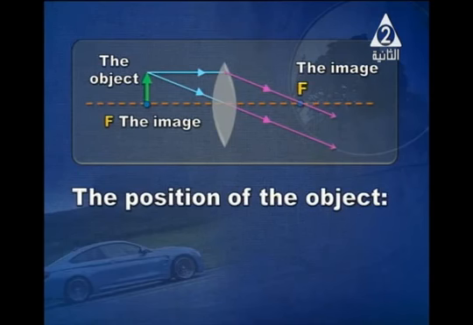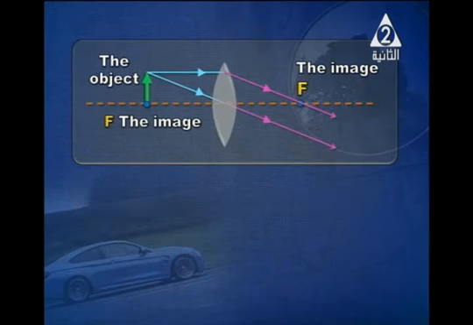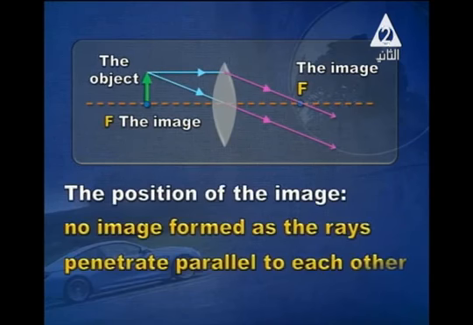The position of the object is at the focus. Position of the image: no image is formed, as the two rays pass parallel to each other, so there is no intersection of the refracted rays.